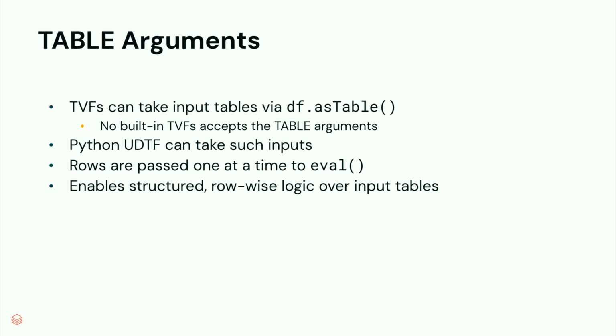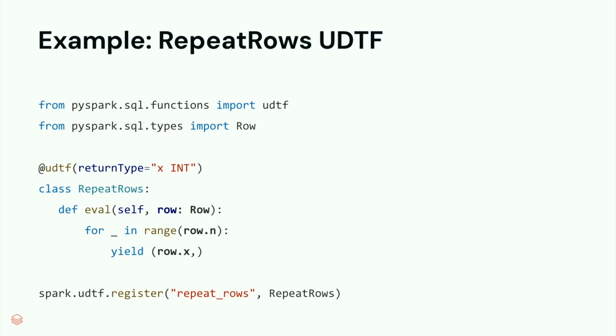Inside the UDTF, each row from the input table is passed individually to eval as a row object, just like a structured input record. This opens up powerful use cases where your UDTF can scan, filter, and reshape rows coming from another data frame, one at a time. This UDTF, repeat rows, takes a table argument where each row contains a value x and a repeat count n.